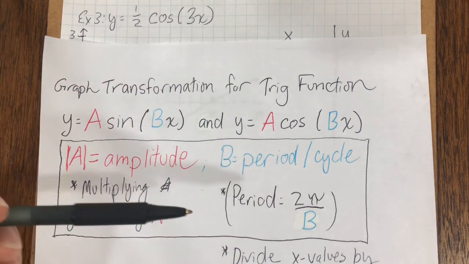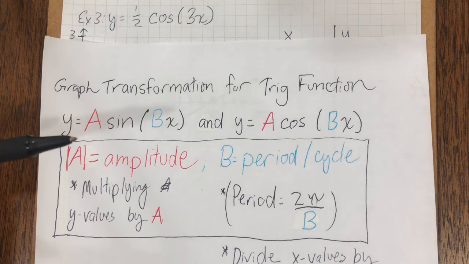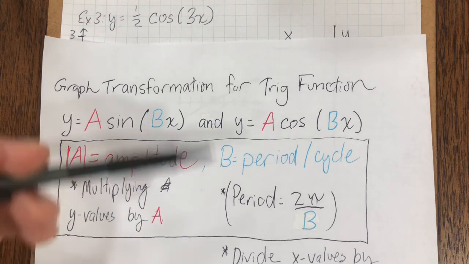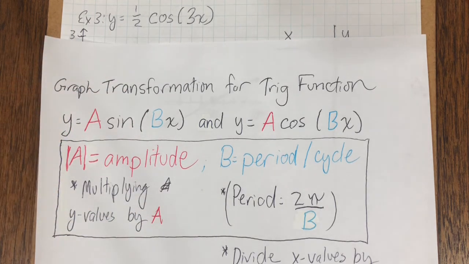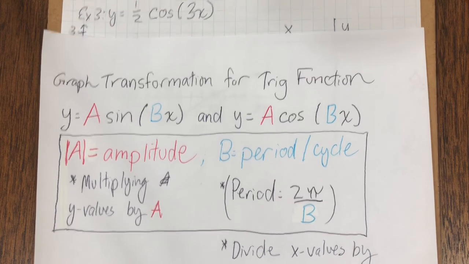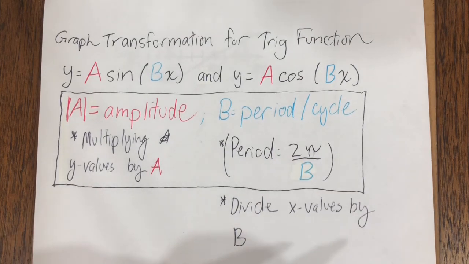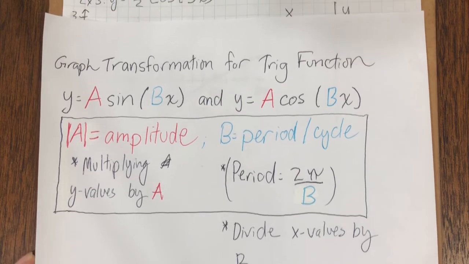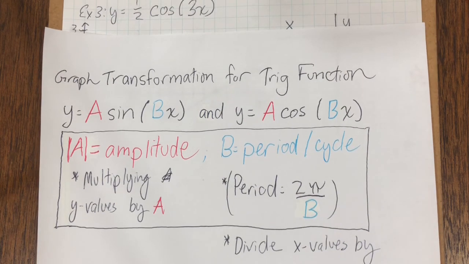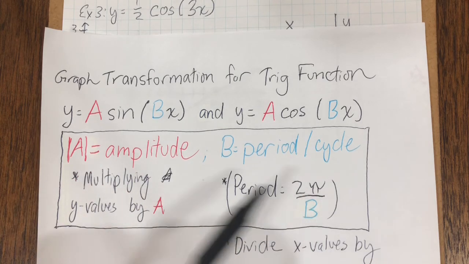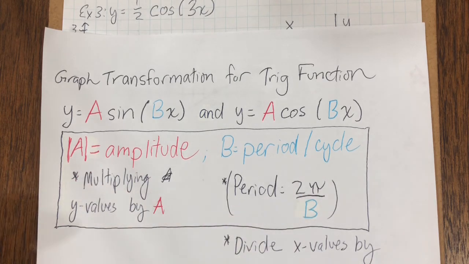So that means that the new period is going to be affected by this 3. And in the second example, when we had a number in front of x, we were to divide each x value by b. So I'm going to divide each x value by 3. And we're also going to have, instead of the period being 2 pi, it's going to be another value in radians. All right?